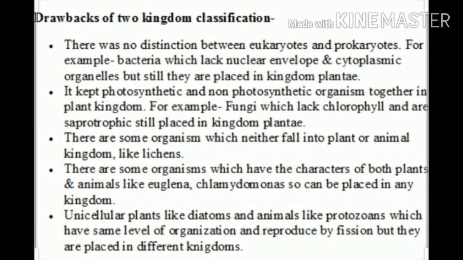For example, we all know plants are photosynthetic because they contain chlorophyll and produce their own food. Fungi do not contain chlorophyll and cannot produce their own food, but they were placed under kingdom Plantae. Both organisms which could prepare their own food and which could not were kept under the same kingdom.